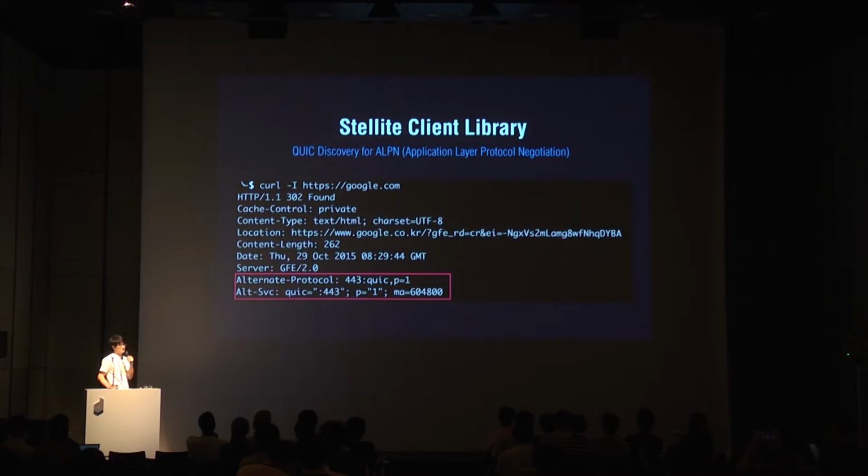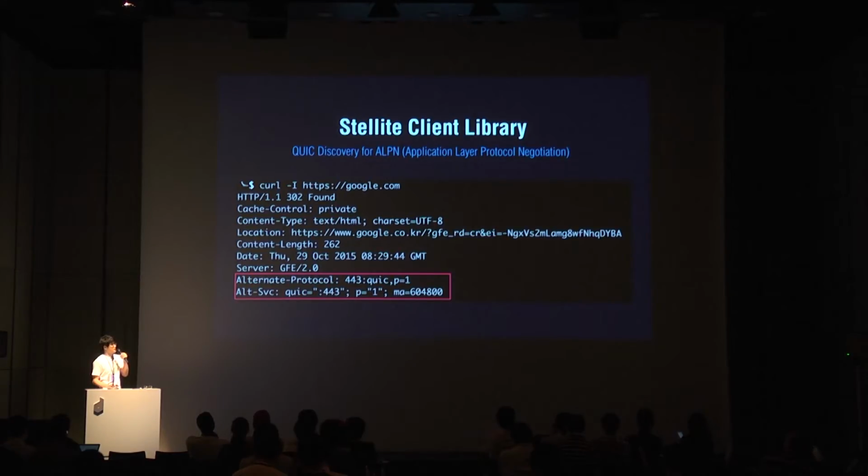We found out that the Chromium browser solved the problem by using QUIC discovery. QUIC discovery is an application layer protocol negotiation. It can switch the protocol from TCP to QUIC seamlessly.